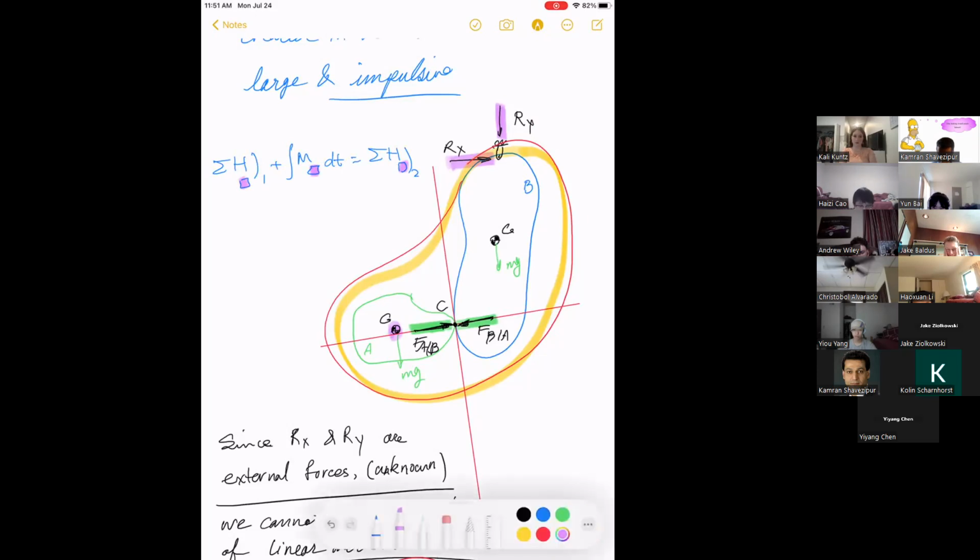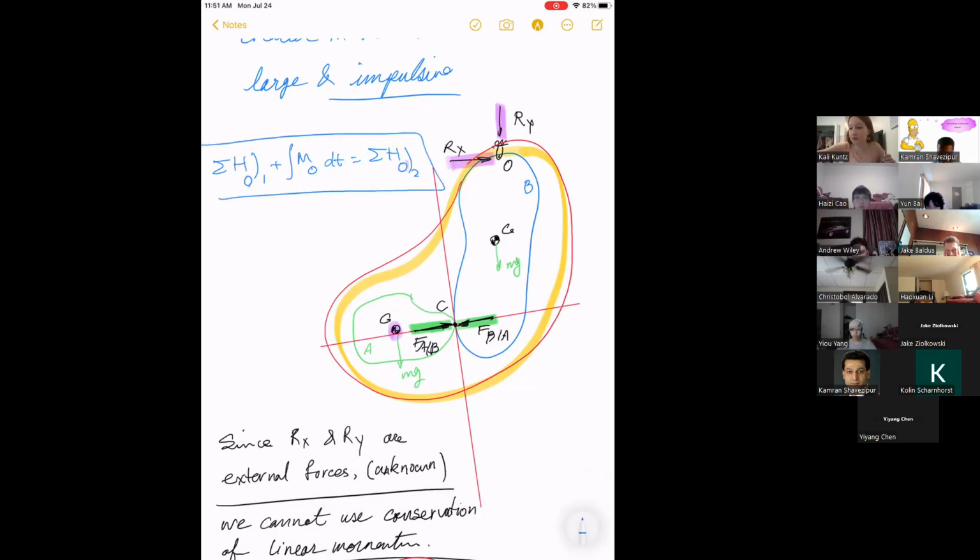If I use the point O here, let's see what happens. Summation of H about O. If I do this, I can find the angular momentum of this object if it has a velocity like this.